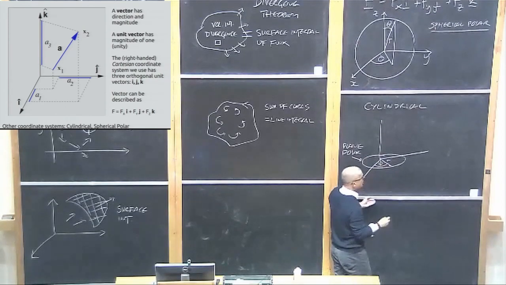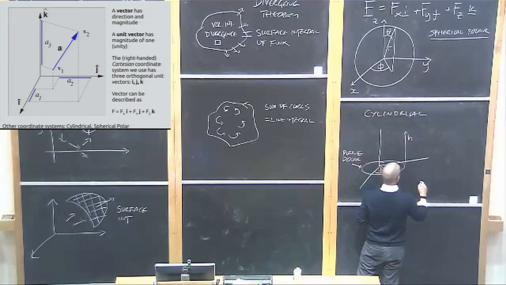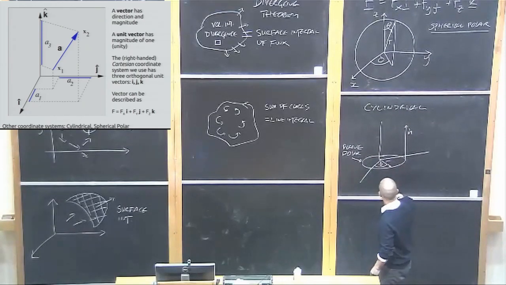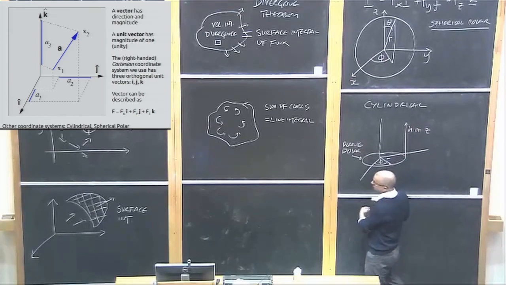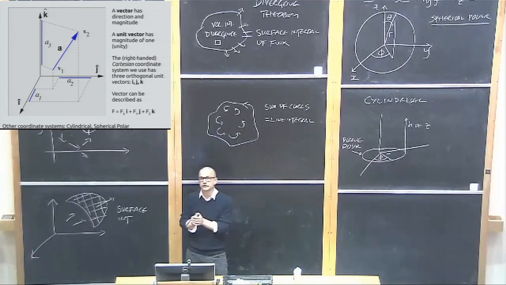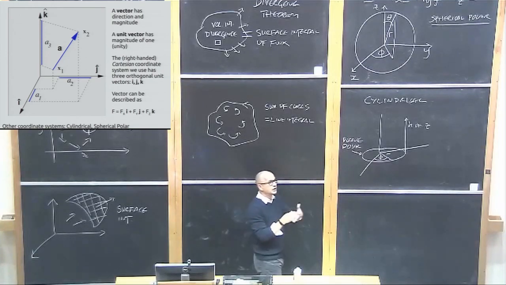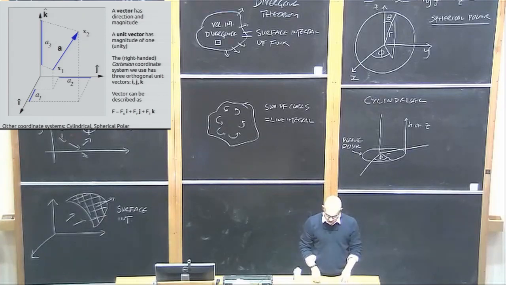So this is plane polar, and then it has a height, h, as well, or z. And the cylindrical coordinate system is typically used, not surprisingly, for situations where we have some kind of symmetry along a particular direction.